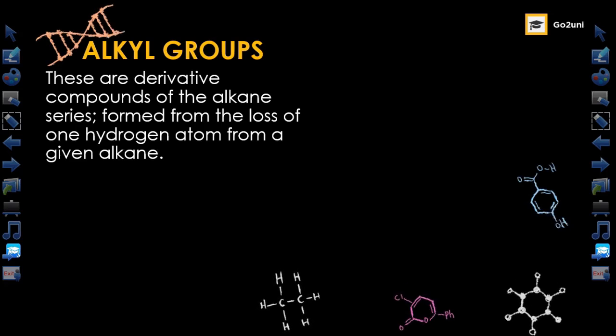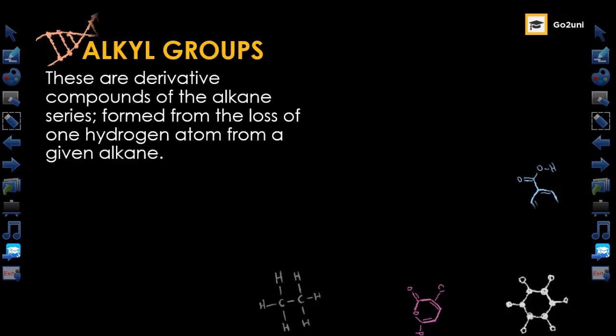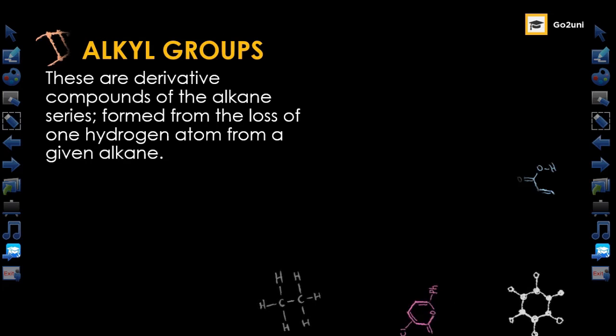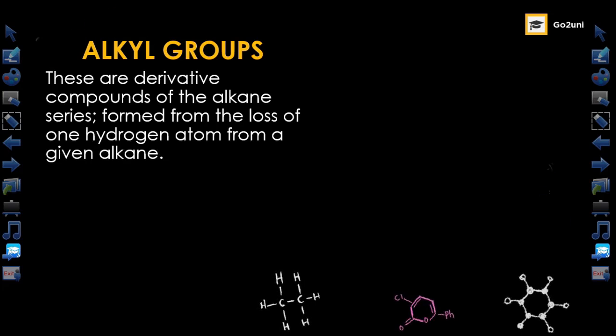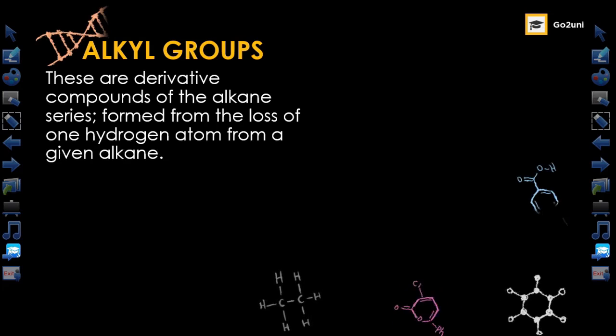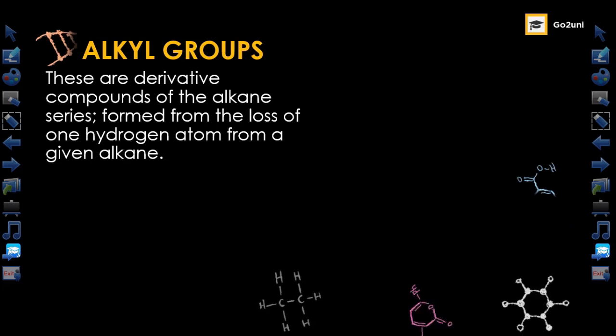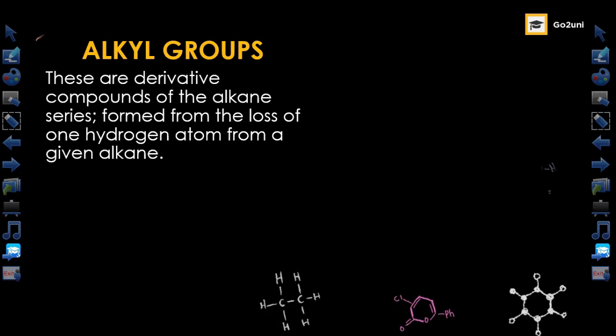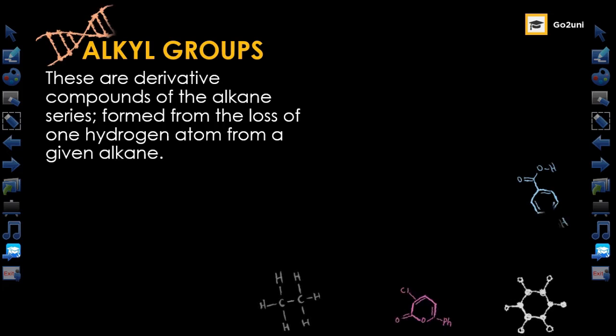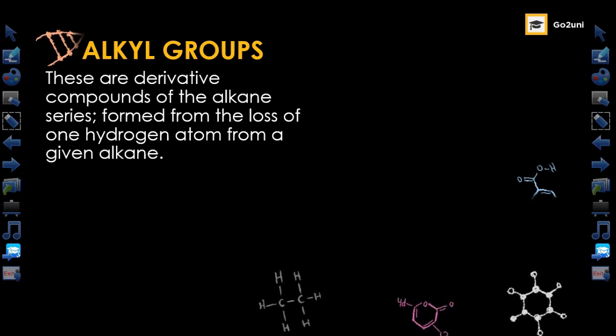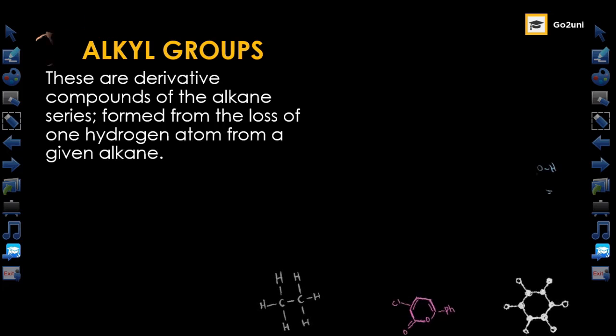So alkyl groups or alkyl compounds are formed as a derivative of alkanes. And how is that done? When an alkane loses one hydrogen atom, it gives an alkyl.